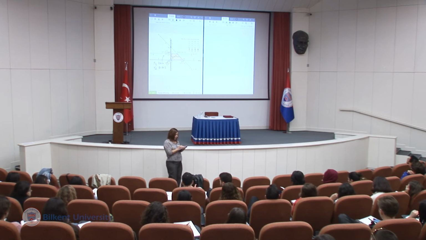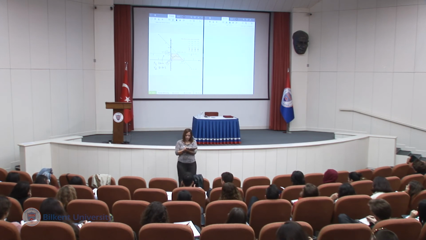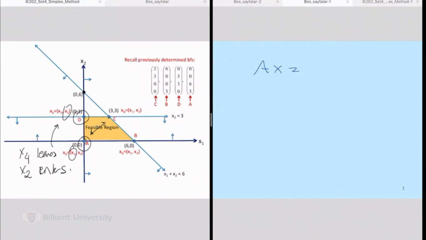So nothing is new. So let me go back to my AX equals B. Forget about non-negativity. That part you didn't know in 225, so I give you that. I have my A matrix, and I know that my A matrix can be divided into basic and non-basic columns, all right?